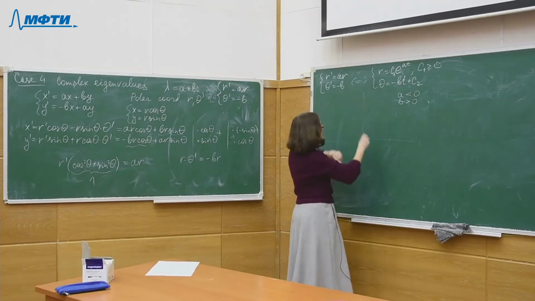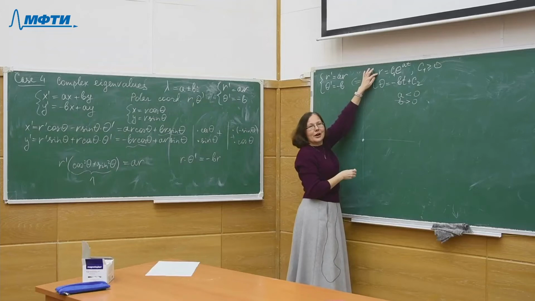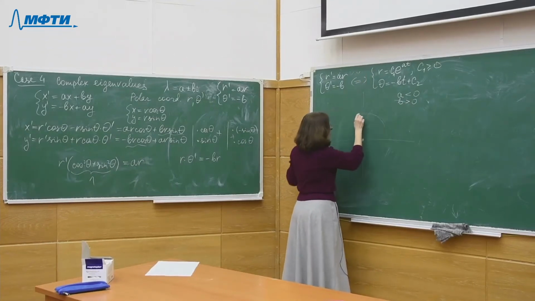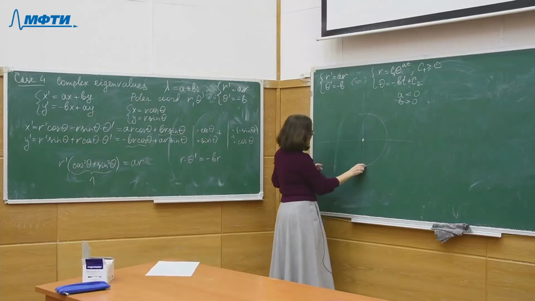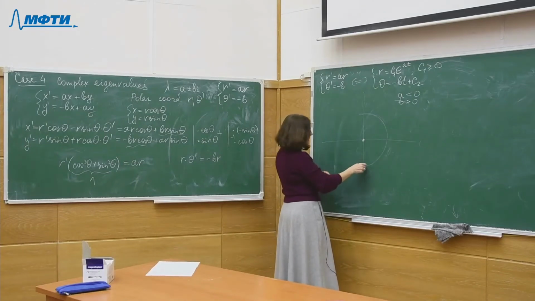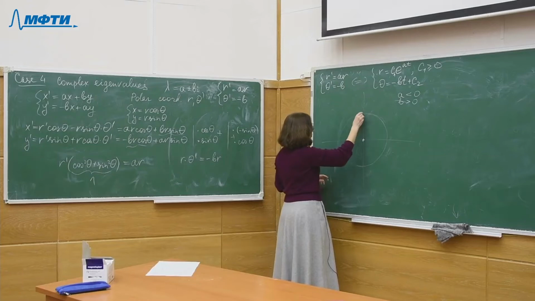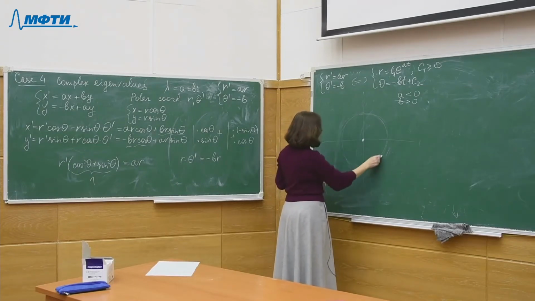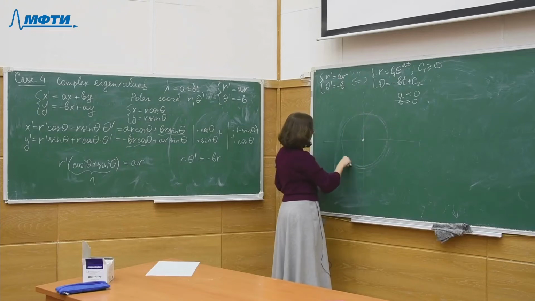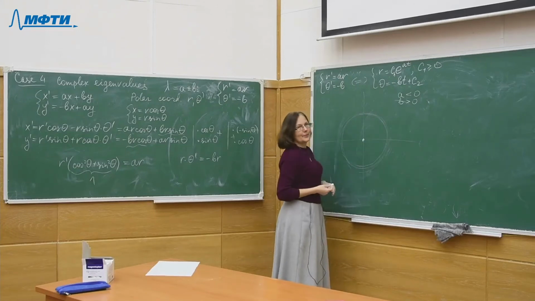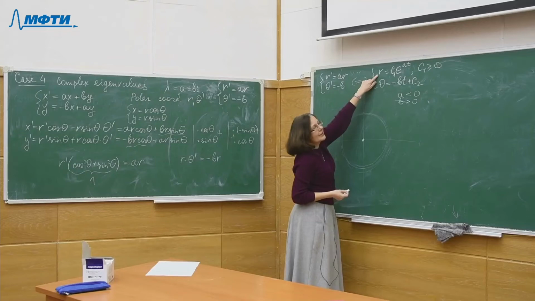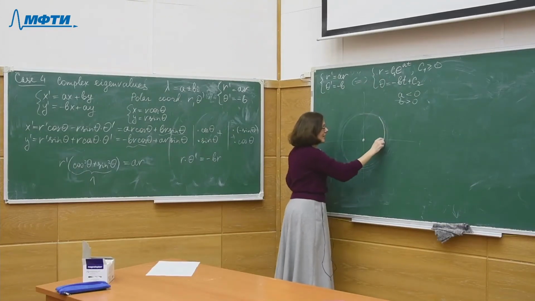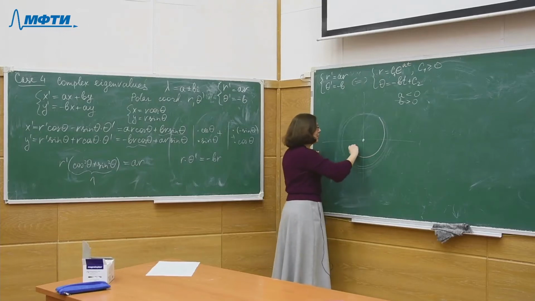If r were constant, then we would move along the circle in this way. But since r is decreasing exponentially, we have a spiral. It is called the logarithmic spiral.